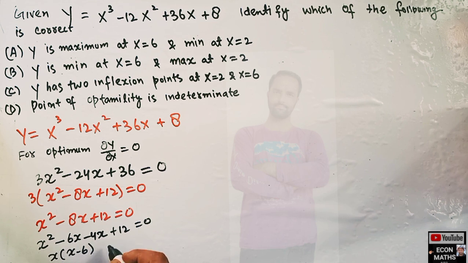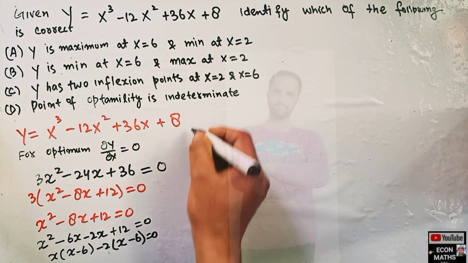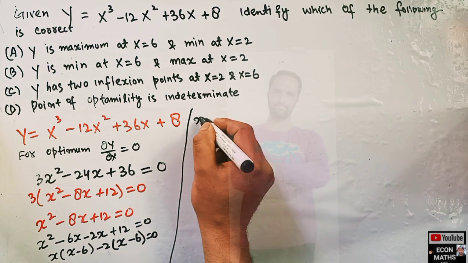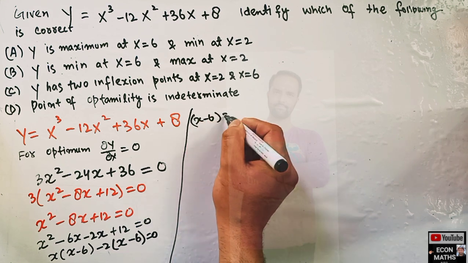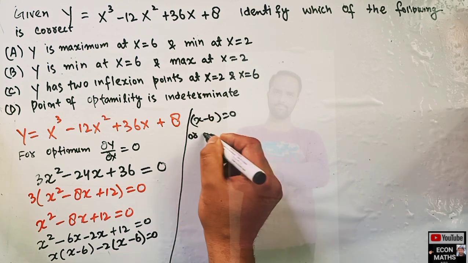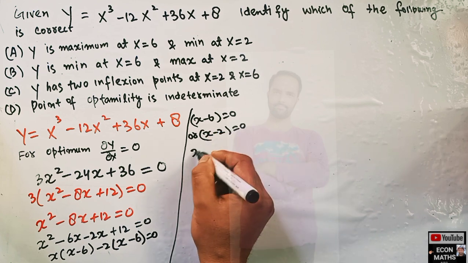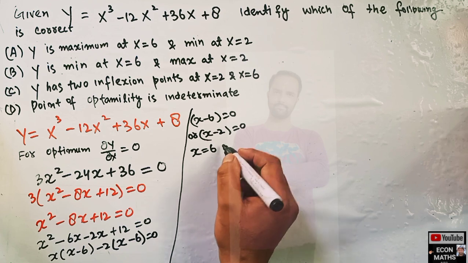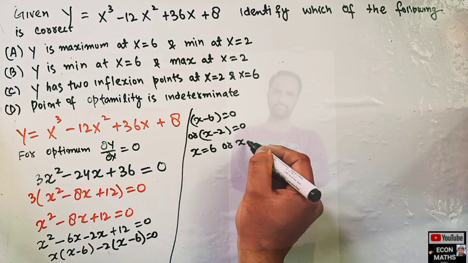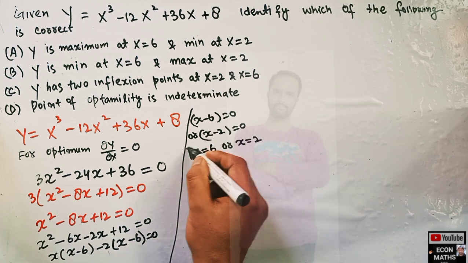Here we have minus 2 common, and we are left with x minus 6, and set it equal to 0. That means x minus 6 is equal to 0, or x minus 2 is equal to 0. That means x is equal to 6 or x is equal to 2. We got two optimum points.